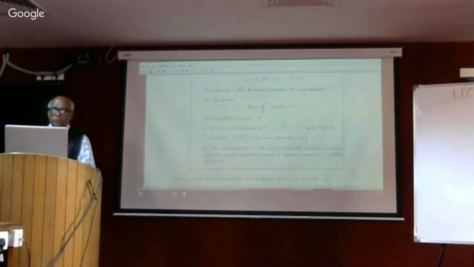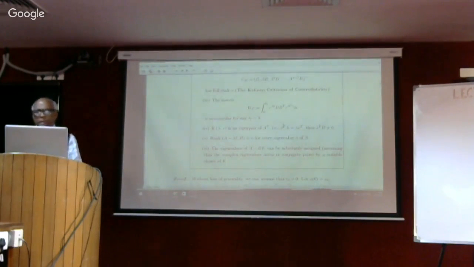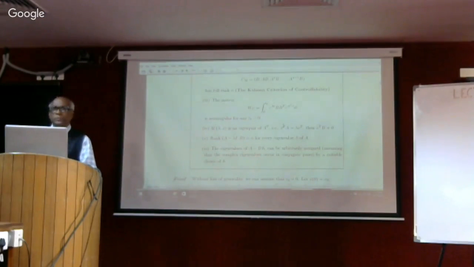And there are quite a few others. One very important one: the rank of the augmented matrix [A minus lambda I, B] has to be n for every eigenvalue lambda of the matrix A. As I said, these criteria and others will come up as we go along.